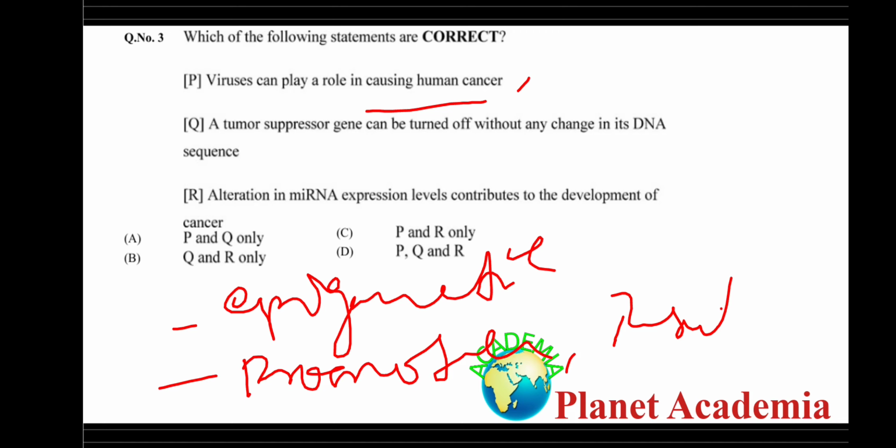I will give an idea of the answer: epigenetics or promoter, enhancer, etc. can be used to turn off the tumor suppressor gene.